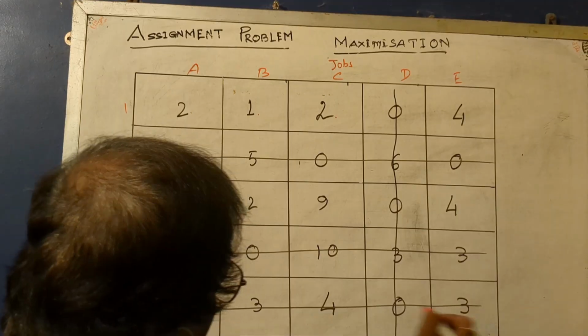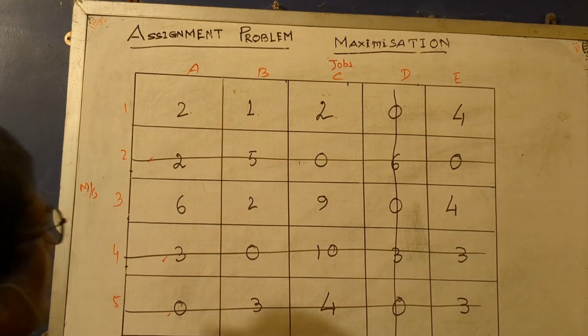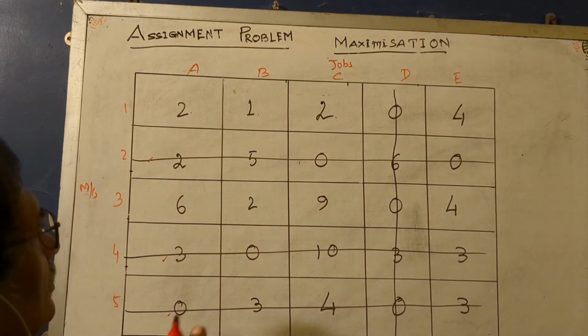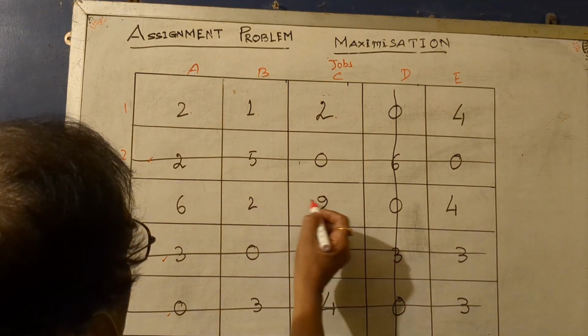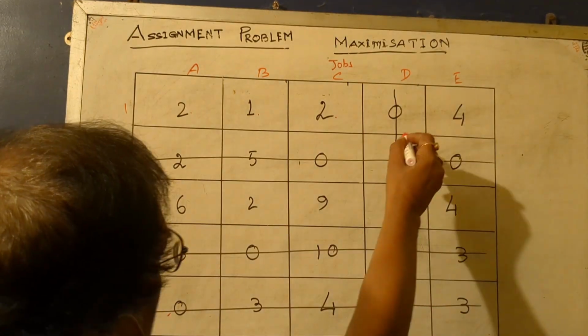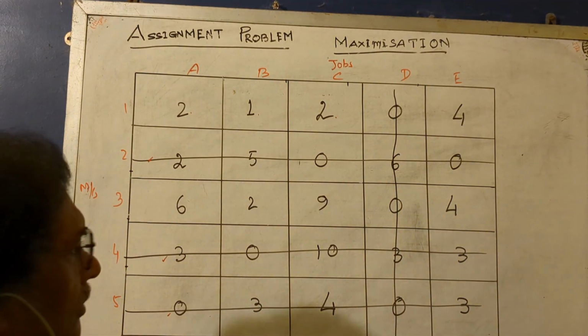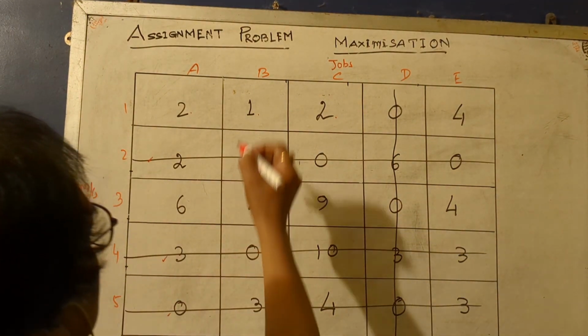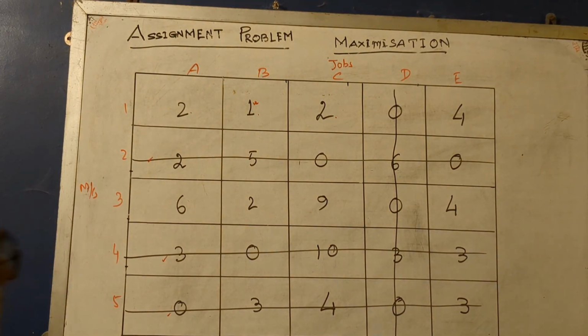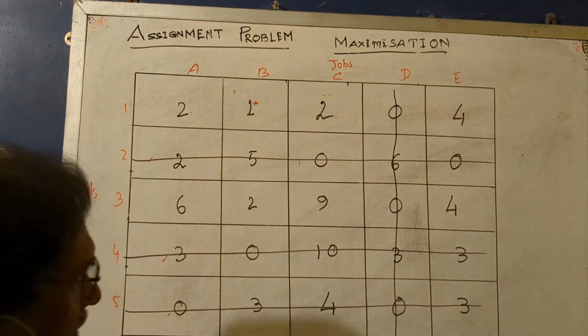These are the remaining elements. You have to find the lowest value among the elements which are not touched by the horizontal or vertical lines. In this case, the minimum number is 1. This is the Hungarian method we are following.